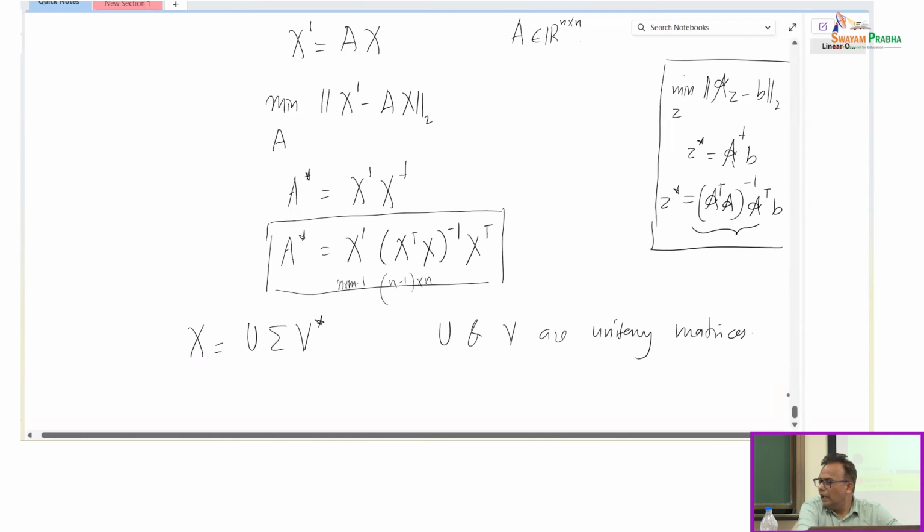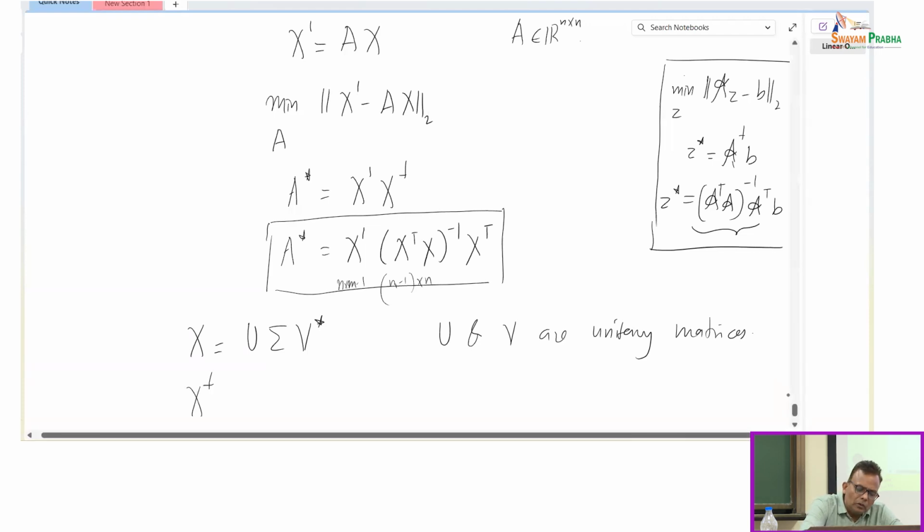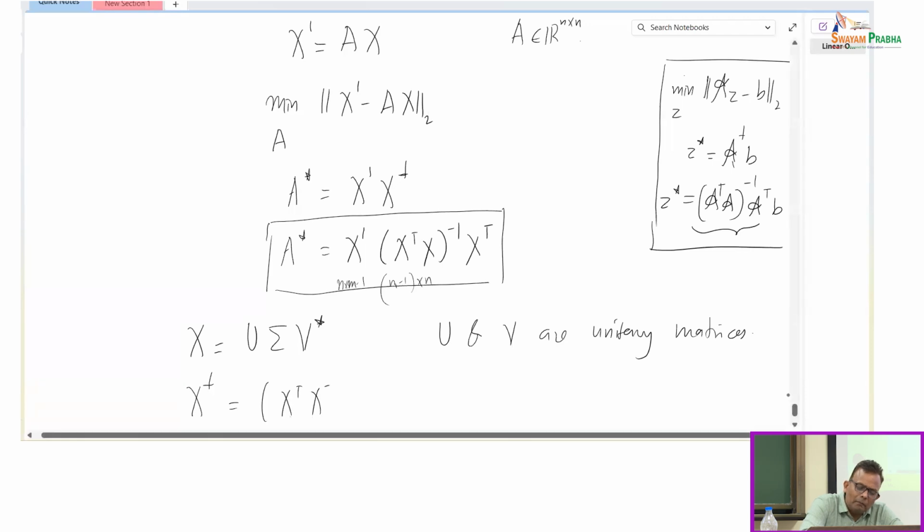With this, you can write down the pseudo inverse. This is a dagger to denote the pseudo inverse, which is X transpose X inverse X transpose.